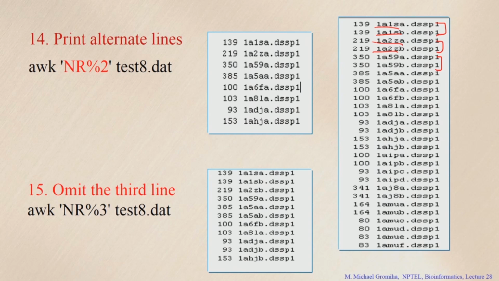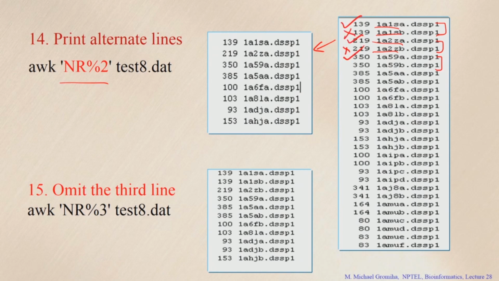So, if you want to print alternate lines, you can omit the second one using this equation like NR, dollar, ampersand and then 2, that means you will cut the second one, and finally you get this result, right. So, this is omitted here, this omitted here, right, you can get that.